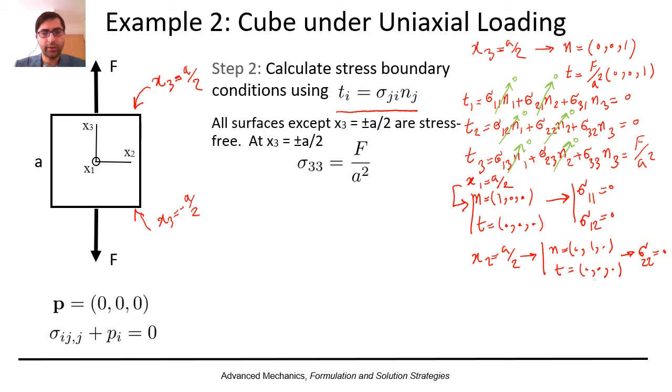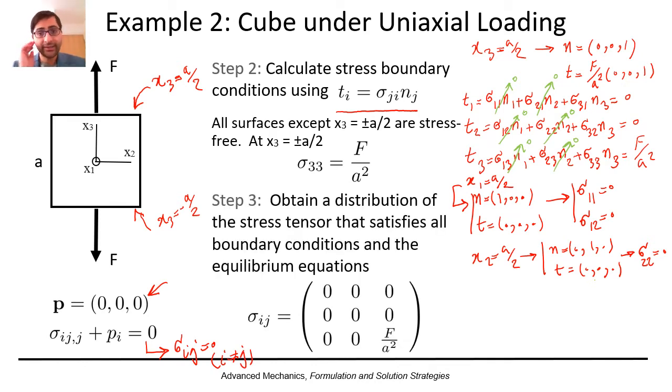And also, knowing that P is 0, using the equilibrium equation, we can again see that sigma ij is equal to 0 for i not equal to j.